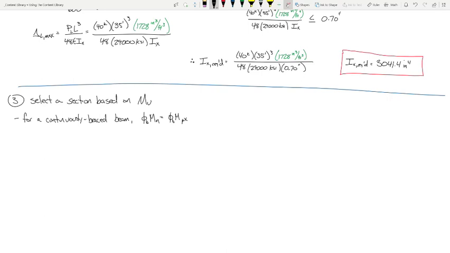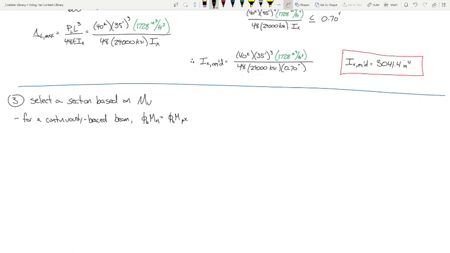So, here's what I want to do. I want to go to Table 3-2. Okay? The ZX charts. And what we're going to be doing is looking at the phi Mp column. Remember, these are the flexural capacities of the section based on the continuously braced assumption, which is the case for this problem.